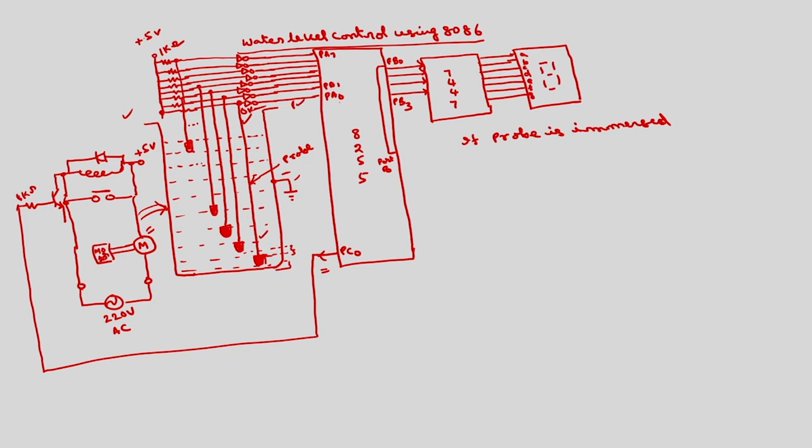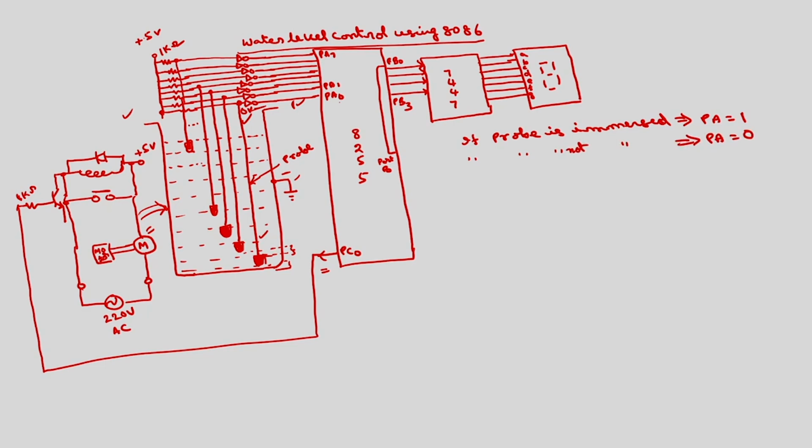If this probe is inserted, the port value PA will be 1, because before the inverter it is 0, after the inverter it will be 1. If the probe is not immersed, the port value will be 0.